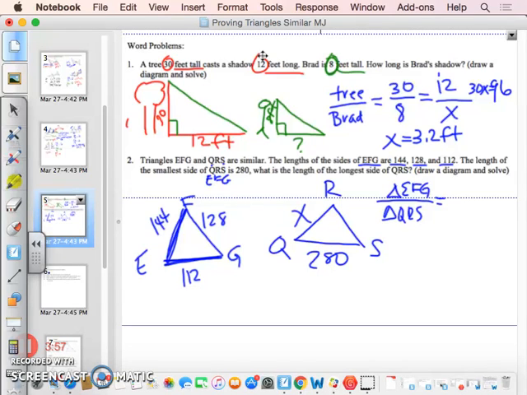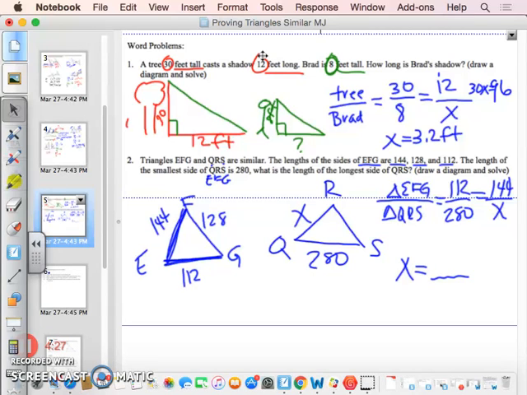I know this one's 112, and this one's 280, and that's going to equal 144 over x. I'm not going to tell you the answer, because I want you to practice cross multiplying and dividing. If you want to know if you have it correct, plug your answer in and see if, when you cross multiply, you get the same number.